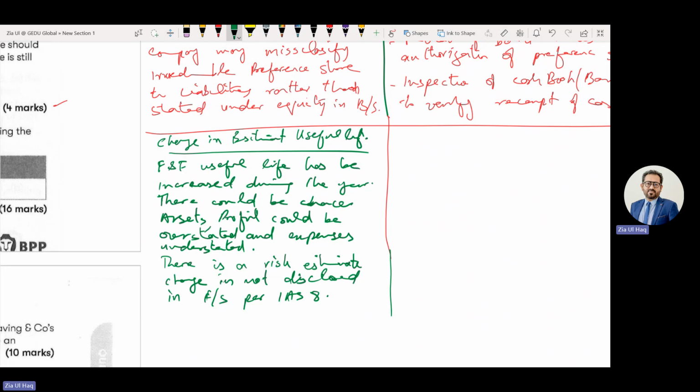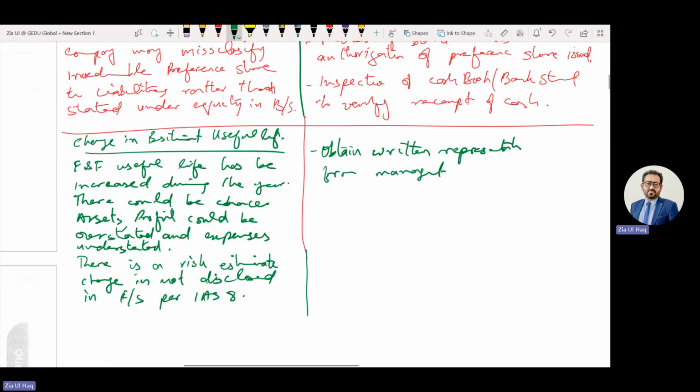Regarding matters of judgment and estimate, we require additional evidence from management that is called written representation. So we'll obtain written representation from management regarding reasonable estimate.